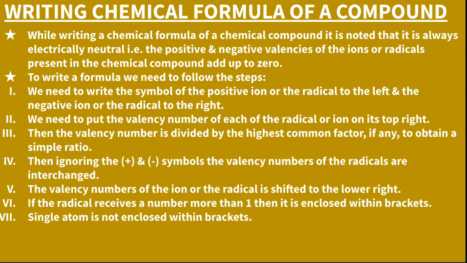To write a formula, we need to follow the following steps. First, we write the symbol of the positive ion or radical to the left and the negative ion or radical to the right. Both the ion or radical have to be represented by a symbol.